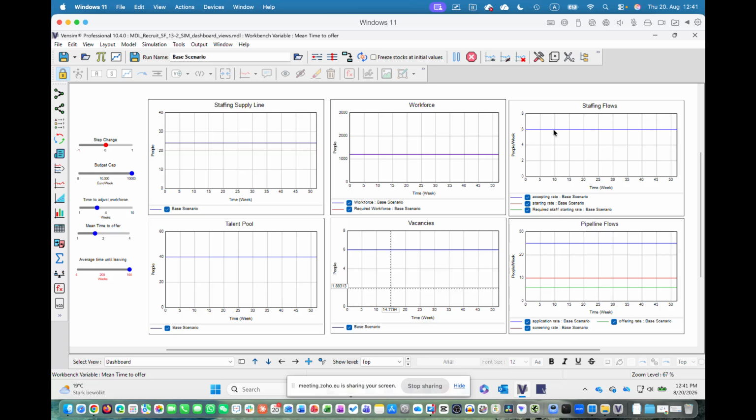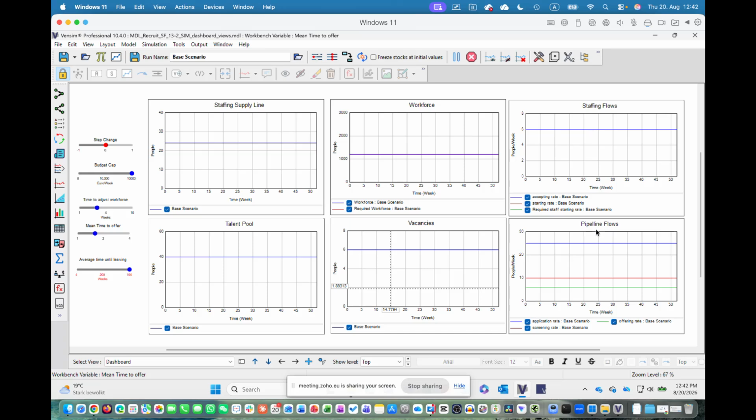Now, in equilibrium, this should be the same number of people, because we need to backfill the same number of people who are leaving per time period. For example, if we have 6 people leaving per week, which is what's happening here, people per week is the unit for the flow. And then that means we need to have 6 people starting per week. So that's why you see only 1 line, but it's actually 3 lines laid on top of each other.